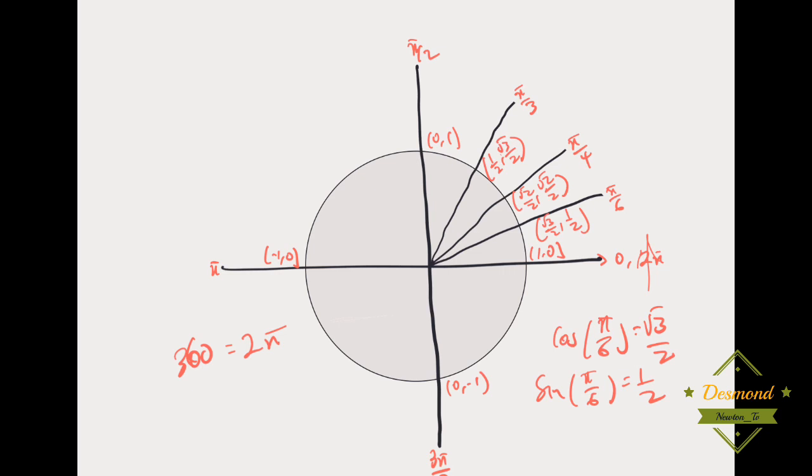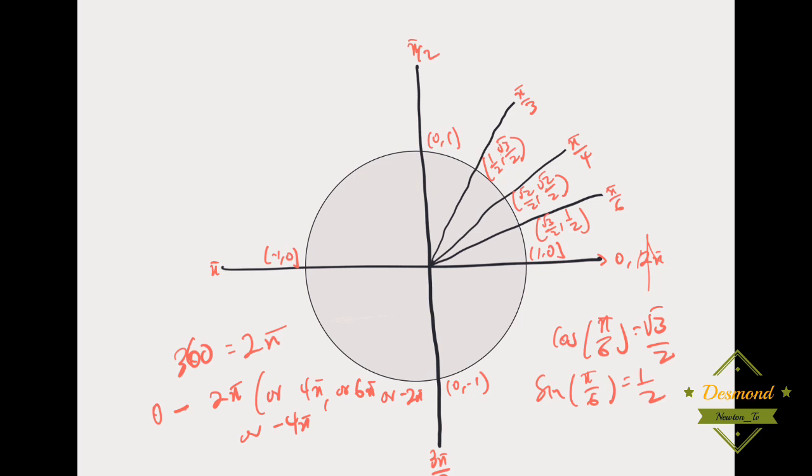So the positive x-axis can correspond to an angle of 0, 2 pi, 4 pi, 6 pi, or negative 2 pi, negative 4 pi, and so on. It goes on and on, depending on the direction of the rotation.